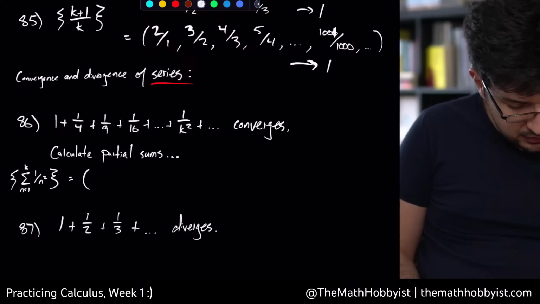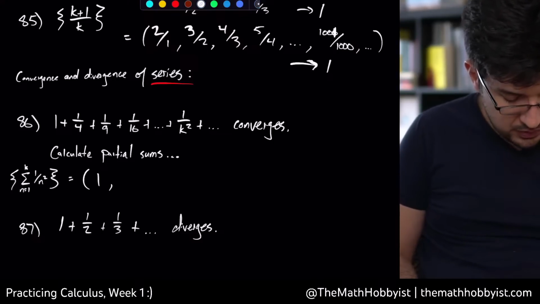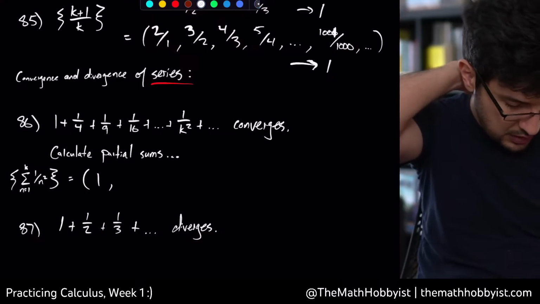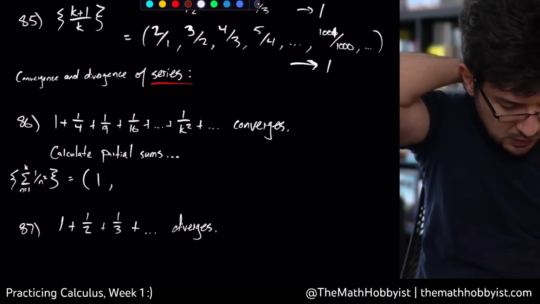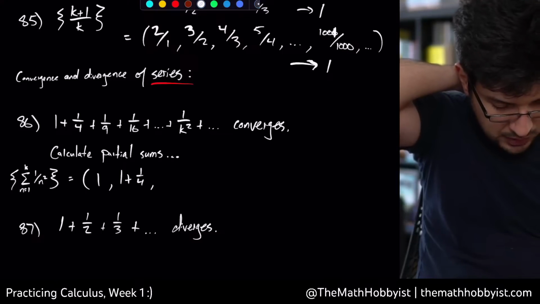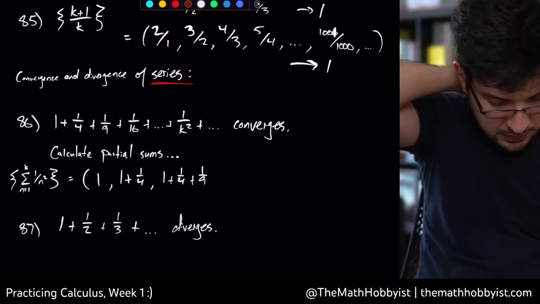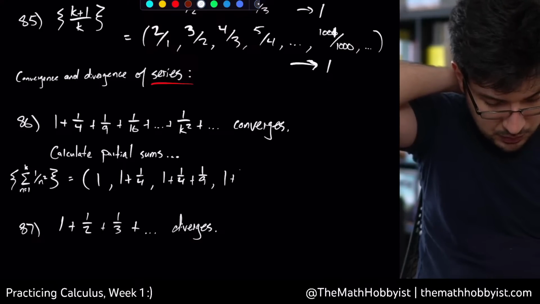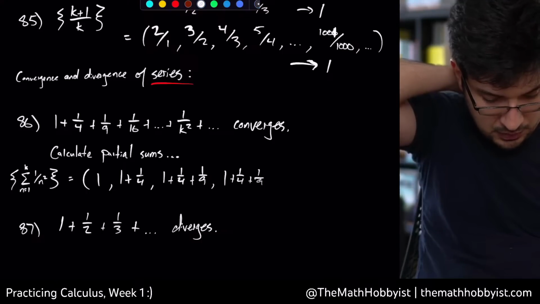So how many terms? The first term in this sequence is just going to be 1, and then 1 plus 1/4, and then 1 plus 1/4 plus 1/9, and then 1 plus 1/4 plus 1/9 plus 1/16.